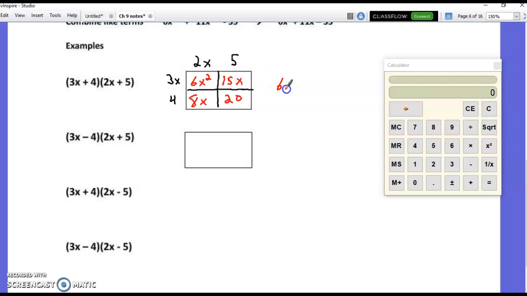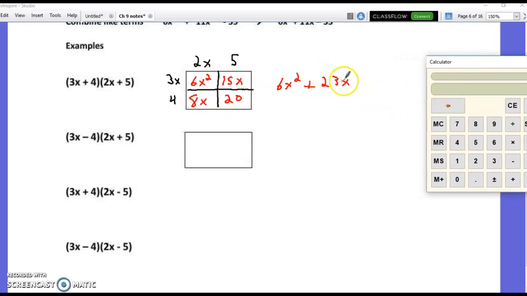So we have the 6x squared, 15 plus 8. Again, these are just positives, so we're just adding them. So it's going to be a positive 23x. And then we have our positive 20. And it's already in standard form, so we're good there.